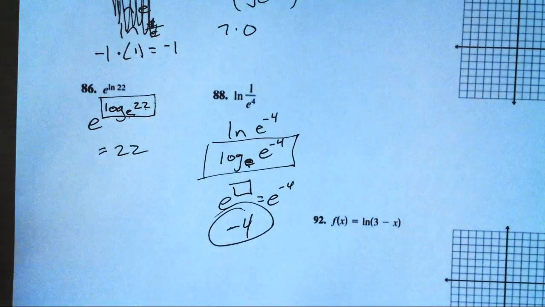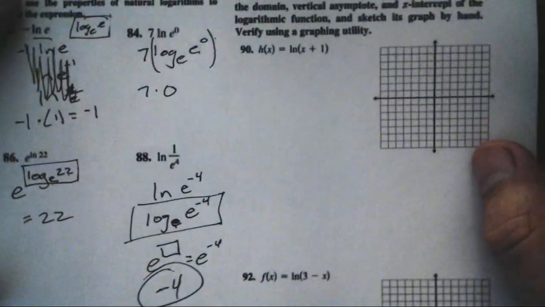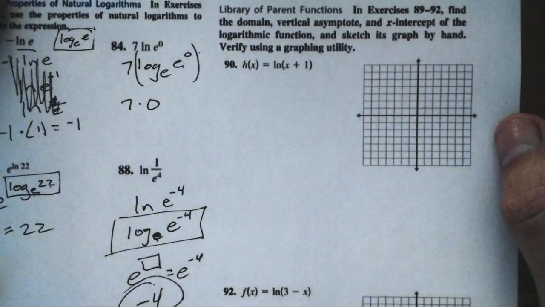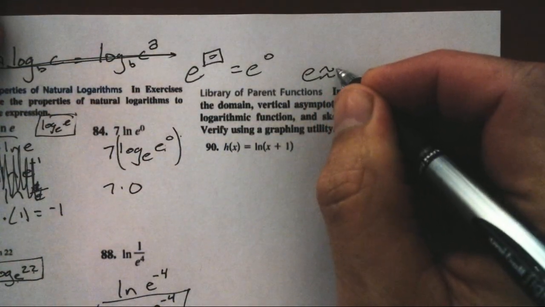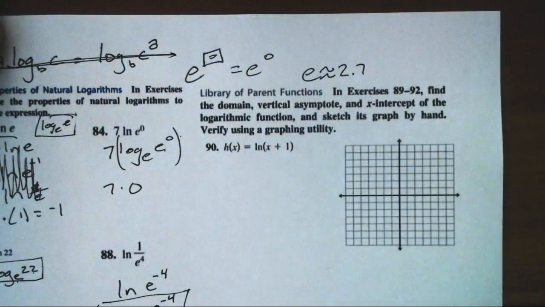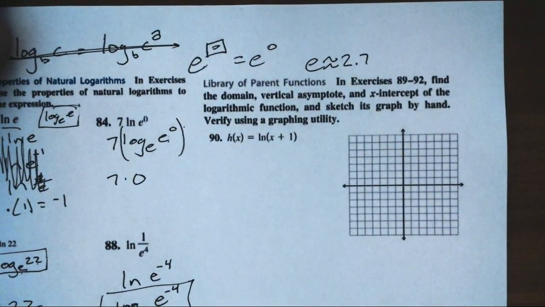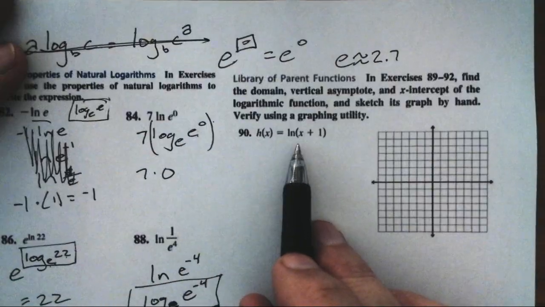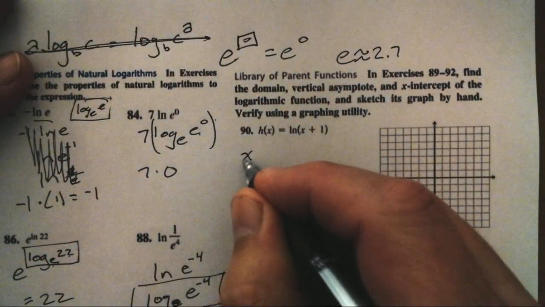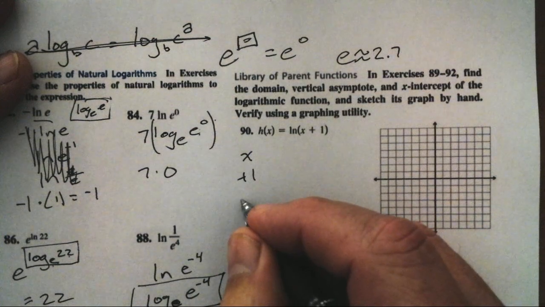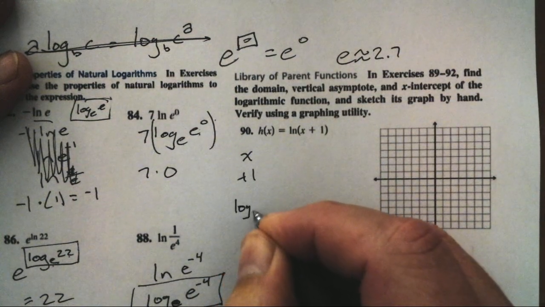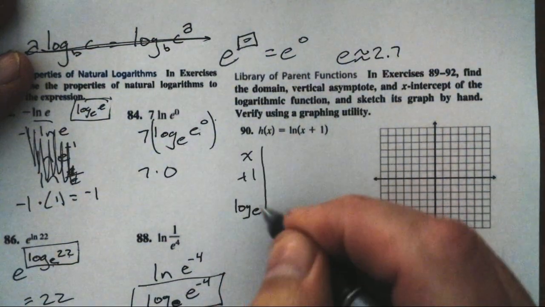Okay. All right, more graphing here. ln graphs. This is not the most convenient. Remember we said in class e for our purposes for graphing is about 2.7. So for graphing these, here's what I'm going to do. I'm going to choose a value for x, I would add 1 to it, and then I would take ln, or log base e if you like.